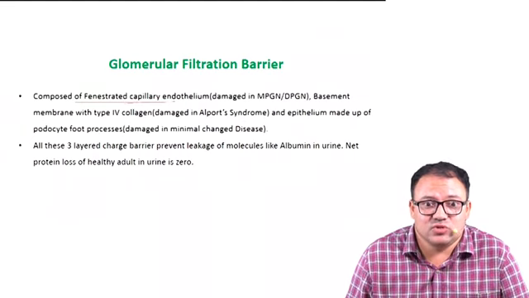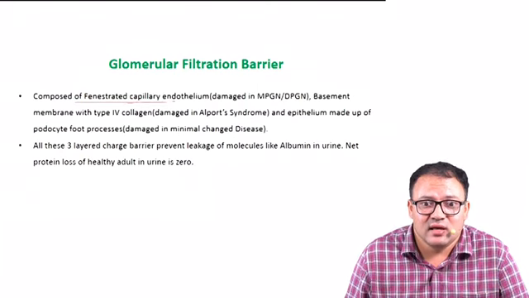If there is damage to basement membrane type IV collagen, the disease is Alport syndrome. Very important. Similarly, the epithelium is made up of podocytes and foot processes. You know that the change in minimal change disease is just loss of foot processes. There is no major change.